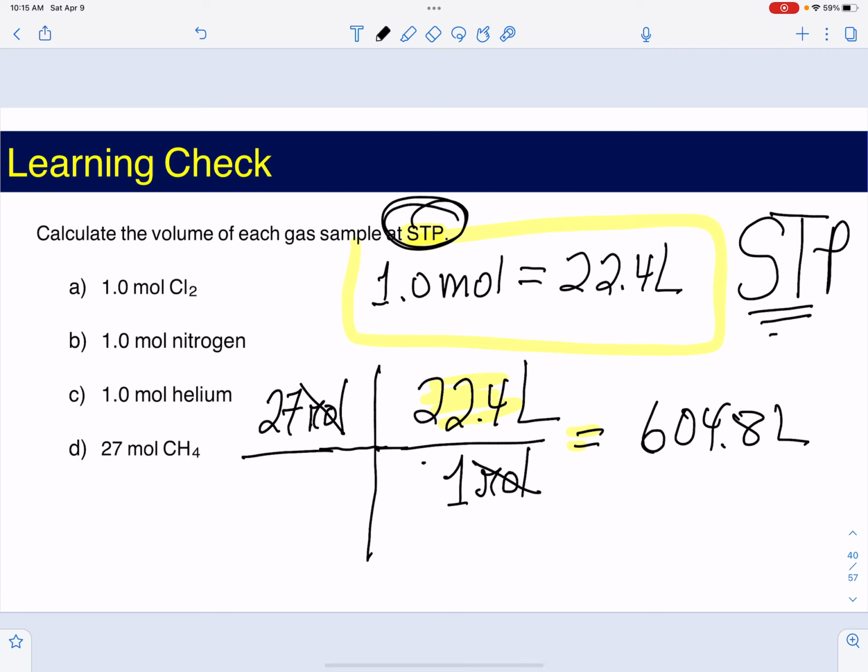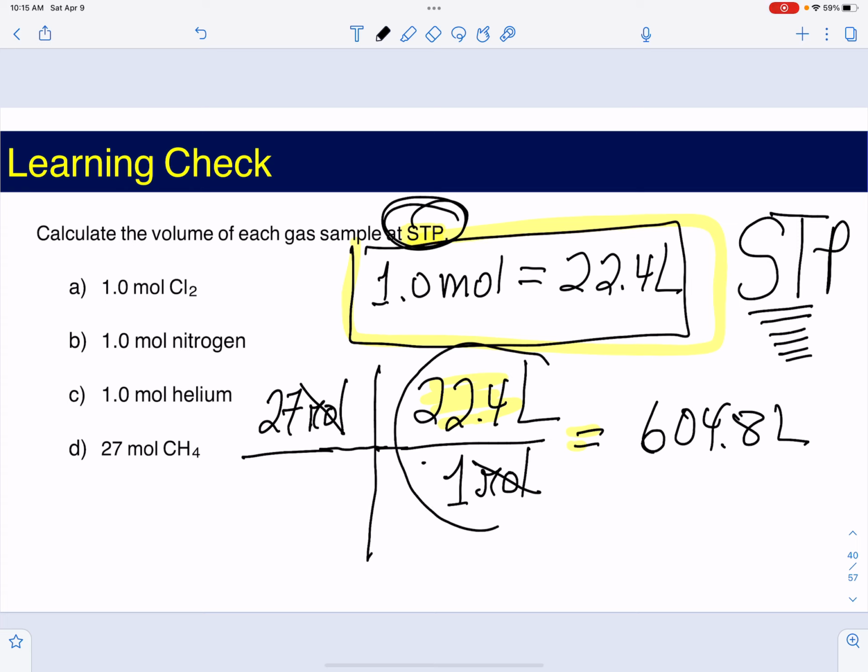If you're dealing with standard temperature and pressure, which are 273 Kelvin and 1 atmosphere, there's no need to plug it into the ideal gas law to find what you're looking for. Just use dimensional analysis with that conversion, and you will be okay. You don't even have to use the ideal gas law because it's already been used to create that number.